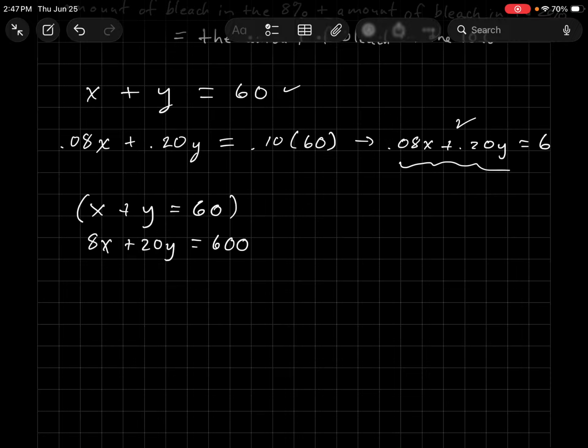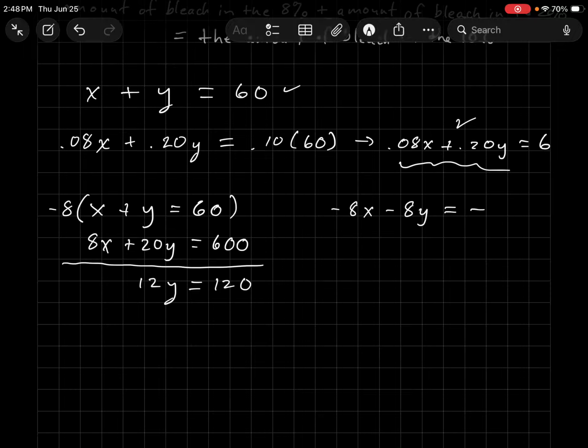And I'm going to multiply this first equation by -8 and then add the two equations. -8x plus 8x gives me 0x. I have eliminated the x. -8y plus 20y gives me 12y. -8 times 60, or -480, plus 600 gives me 120. If you need to see that top one over here, I'll rewrite it really quickly for you.